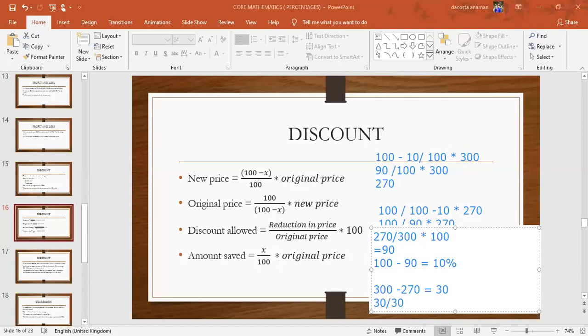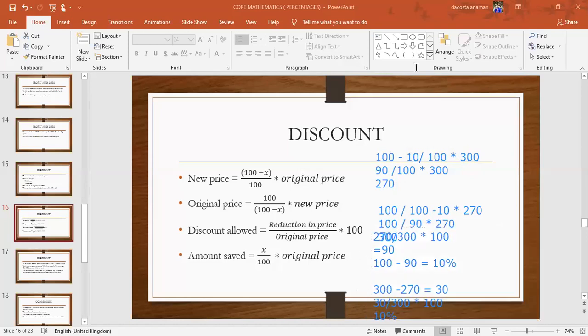Over the 300. Then you multiply it by 100%. And that will give you a straightforward 10%. Is that okay? So that's how you solve for the reduction or the discount allowed in percentage. Then the amount saved is the X over 100 times the original price.